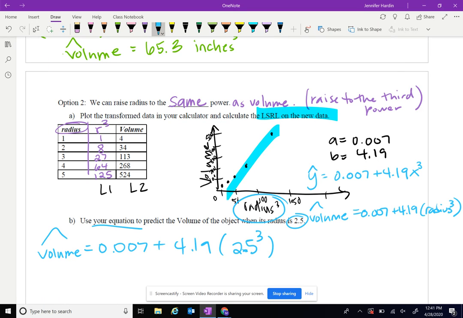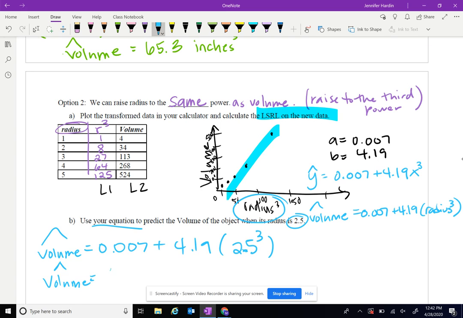So I need to first do order of operations, exponent, then multiplication, then addition. And if you plug that in, 2.5 to the third power would be 15.625. We're going to multiply that by 4.19 and then add 0.007.